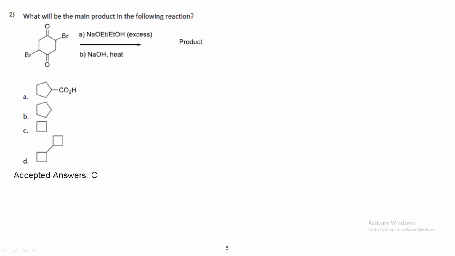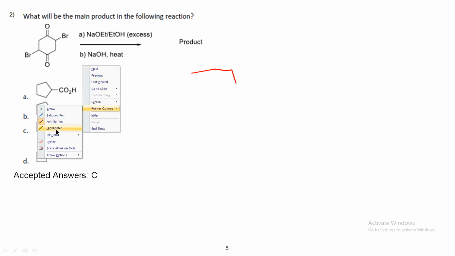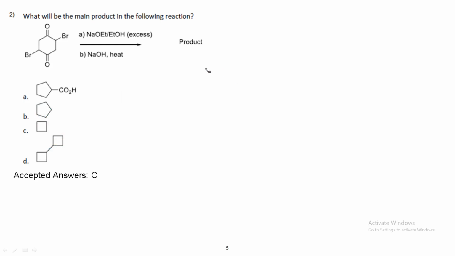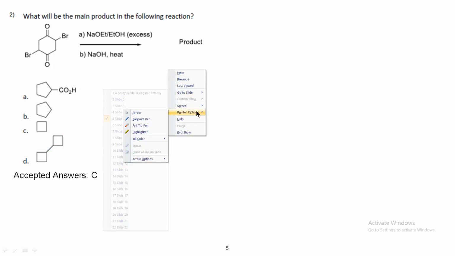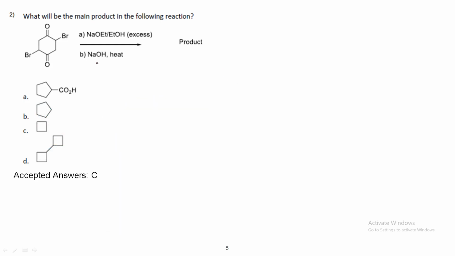So again you can see when you have this kind of thing, it's nothing but a Favorskii kind of rearrangement. So let's do the mechanism, and let's see which of the products would match with our molecule which we will get after completing the mechanism.